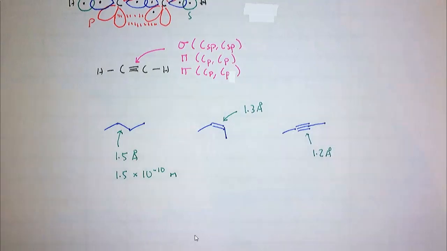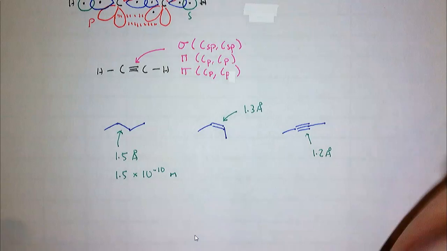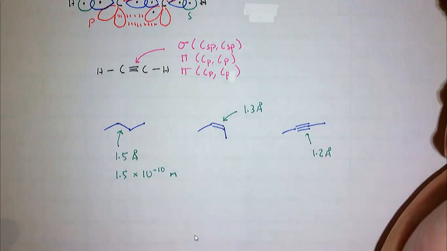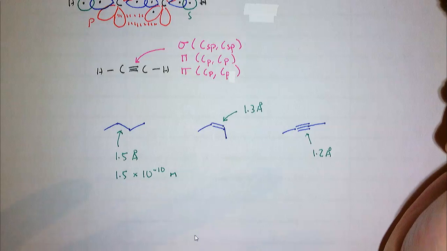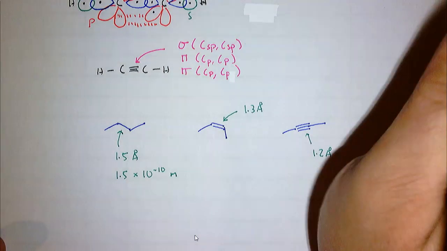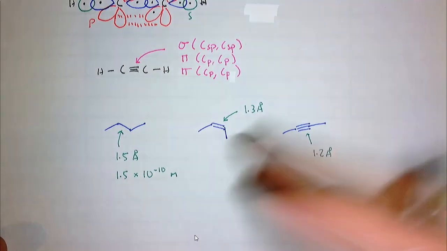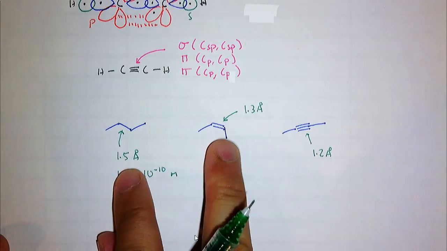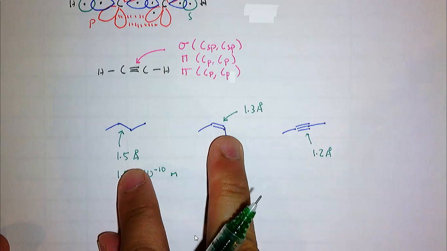And you can imagine if you have a resonance hybrid where one contributor has a carbon-carbon single bond, and that same carbon-carbon bond is a double bond in another contributor, you would have an average bond length, and it would be 1.4 angstroms.